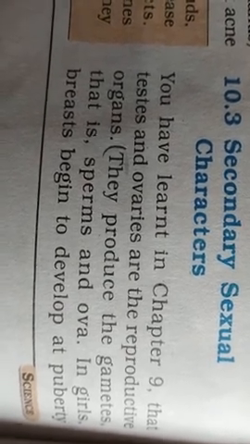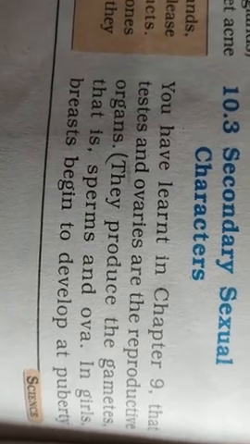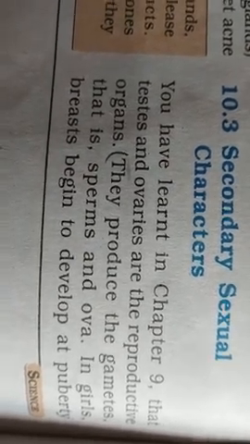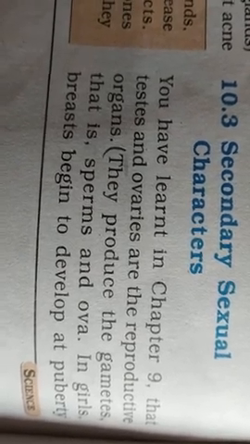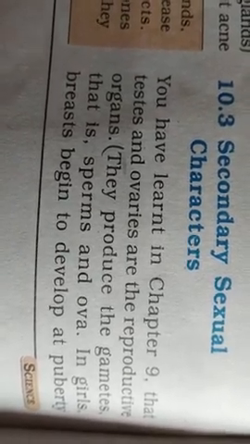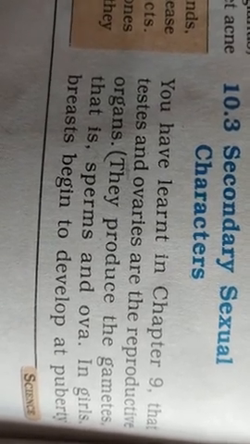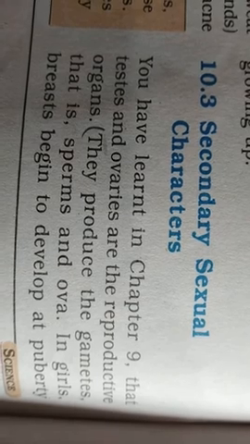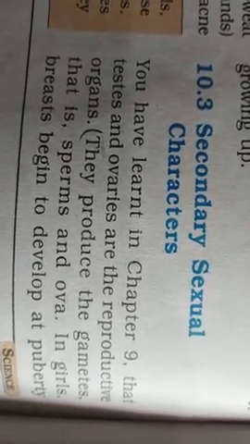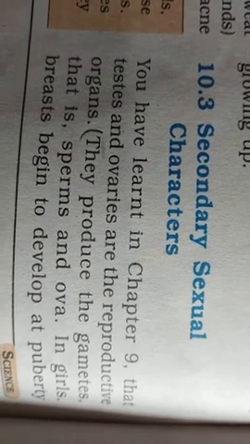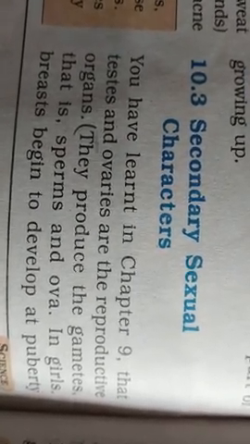Hormones are nothing but chemical substances secreted by endocrine glands, or the endocrine system. The male hormone which brings about the adolescence changes is testosterone, which begins to be released by the testis at the onset of puberty.